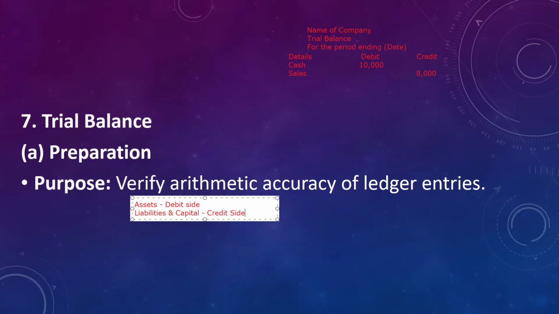Liabilities and capital, when they increase on the credit, you'll find them on the credit side of the trial balance. And then we have purchases, return inwards, drawings, and expenses, all on the debit side. And sales, return outwards, and revenue will all be on the credit side.